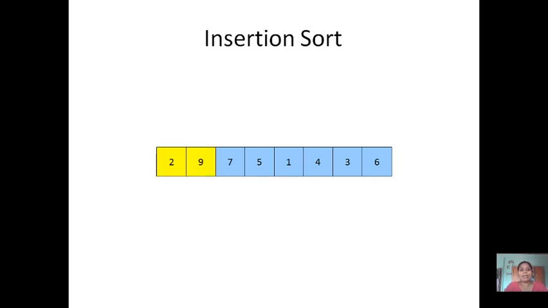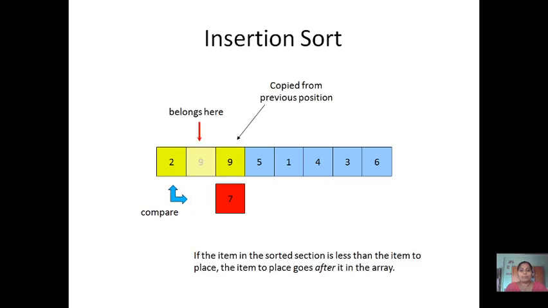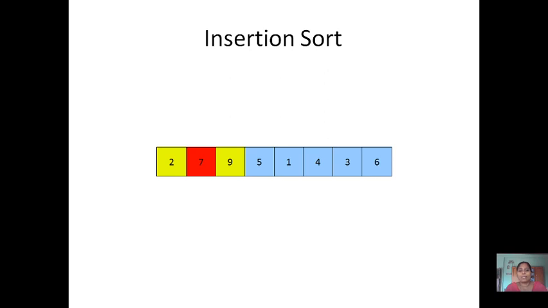Now 2 and 9 are already in the sorted list and you take the element 7 into a temporary variable. Compare 7 with 9. If 9 is greater, move that 9. Now compare 7 and 2. 2 is smaller than 7, so 7 will be placed in between 2 and 9. So now 2, 7, 9 are in sorted order.